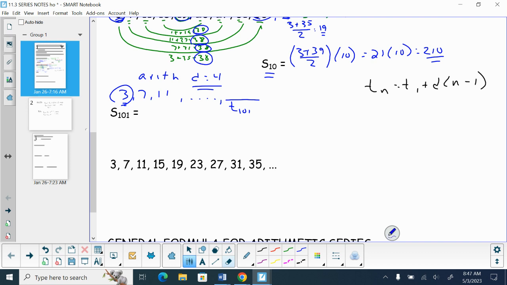I want to find term 101. My first term is a value of 3. My common difference is a value of 4. My term number is 101 minus 1. So we have 100 times 4 plus 3. So our term 101 is 403.